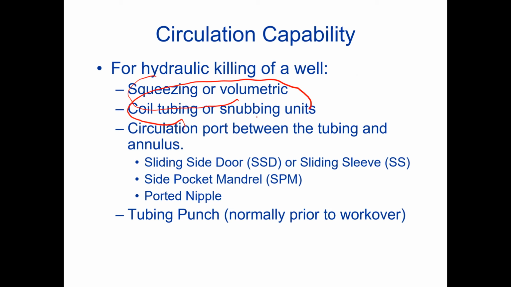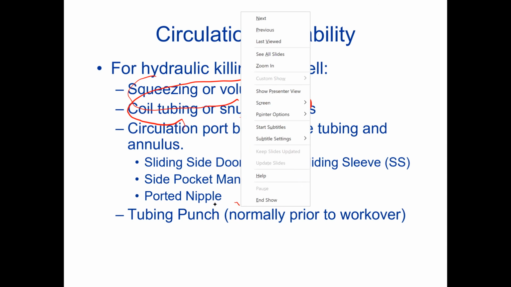We can also create a port between tubing and annulus. There are three main options. One is a sliding side door or sliding sleeve, side pocket mandrel, and ported nipple. I will try to explain them.